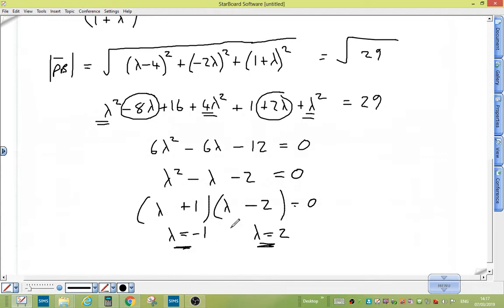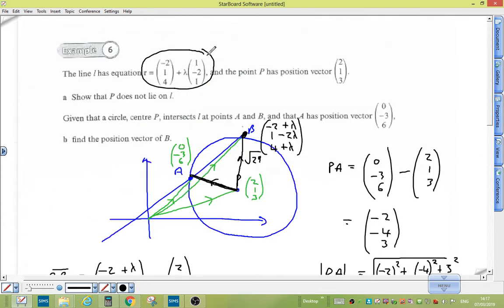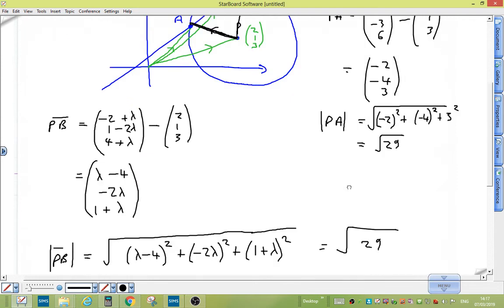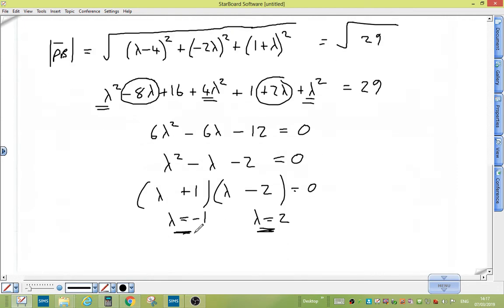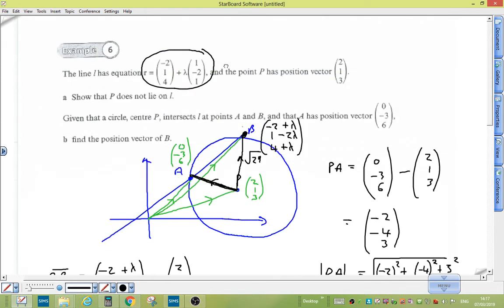Now, one of these, when shoved into the general format, will give you a position vector A, and the other value of lambda will give you B. So let's just check. When you put minus 1 into this format, R would be minus 2, minus 1 lots of that, minus 1, which is going to be minus 3.